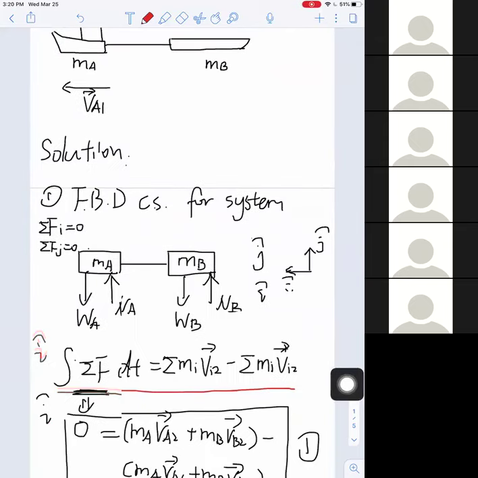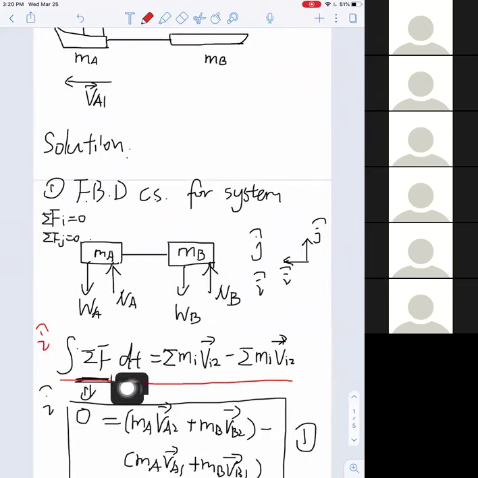And because we know the sum of the forces in the I direction equals 0, we can simplify our impulse momentum equation to 0 equals mA vA2 plus mB vB2 minus (mA vA1 plus mB vB1).